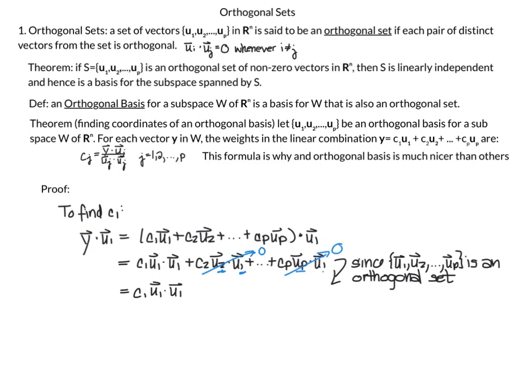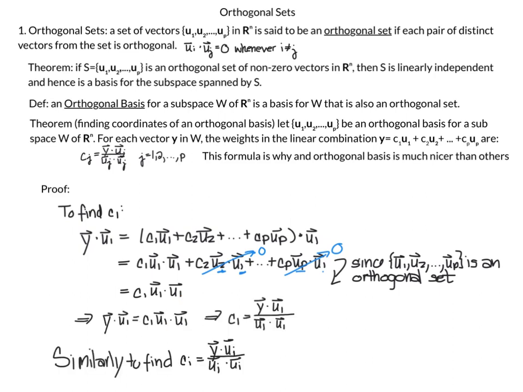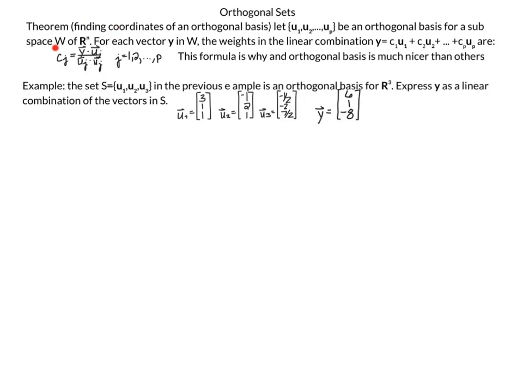So what we have so far is y dot u1 is equal to c1 u1 dot u1. And then just by using algebra, we can solve for c1. It will be y dot u1 over u1 dot u1. And similarly, for any c sub i, that's going to be y dot u sub i divided by u sub i dot u sub i.